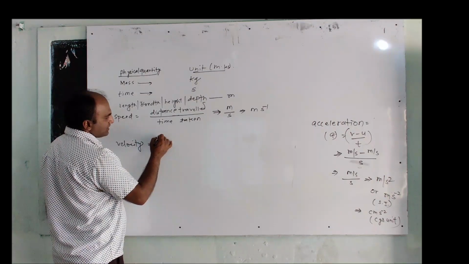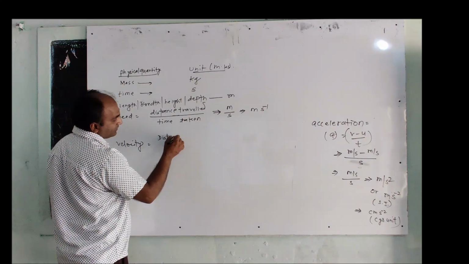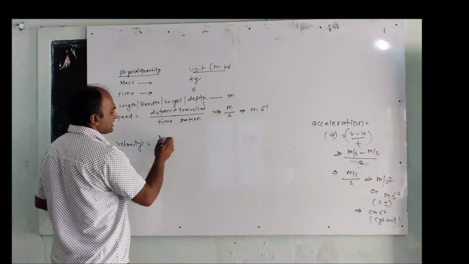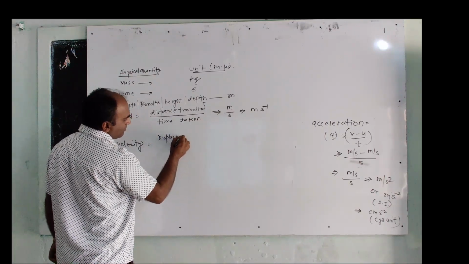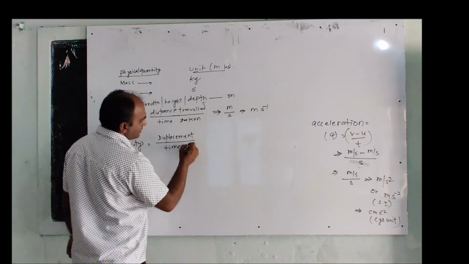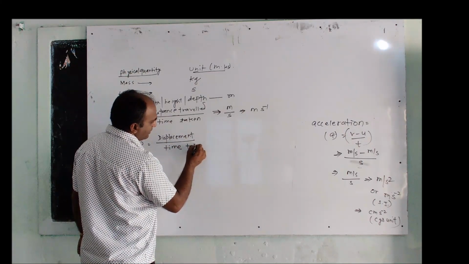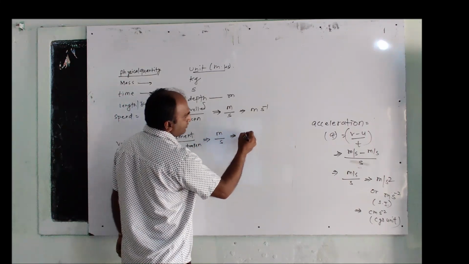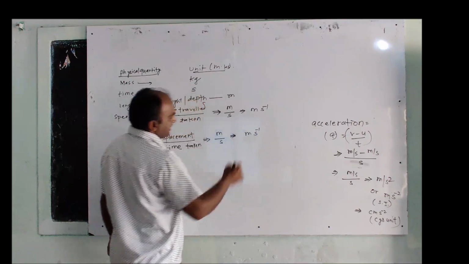Velocity is distance traveled in a straight line, or we can write displacement, displacement by time taken. Displacement is expressed in meter and time in second. So we can write here meter per second.